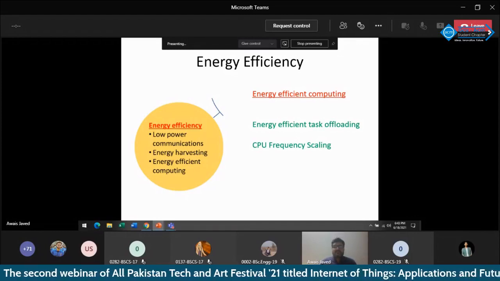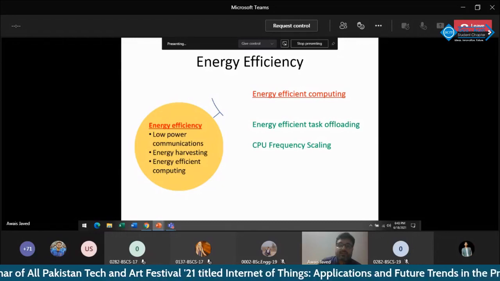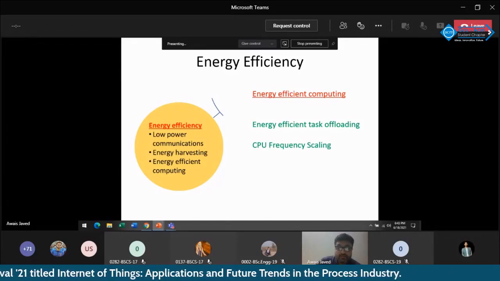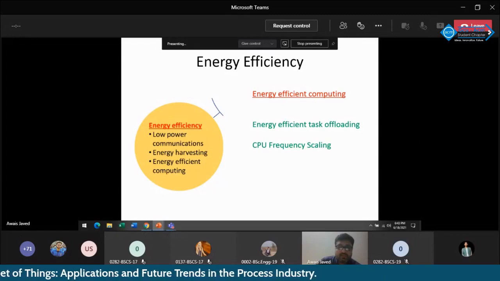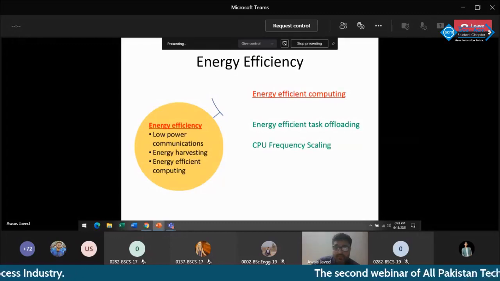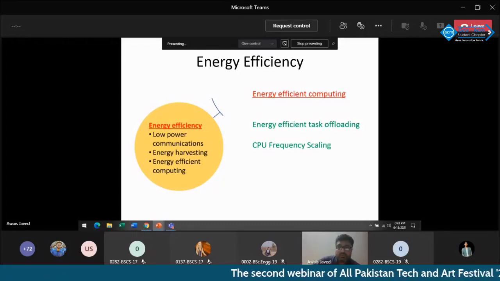Similarly, energy harvesting is a very important technique where, with the help of renewable energies, or for example with the help of RF energy even, devices can harvest energy. So you need to establish efficient energy harvesting protocols.